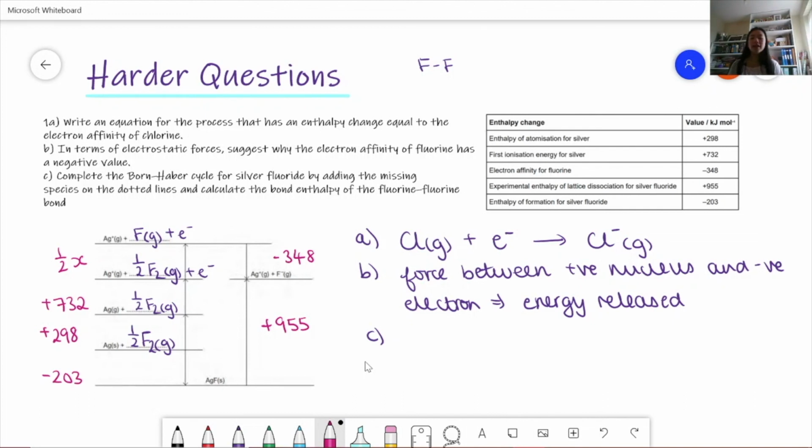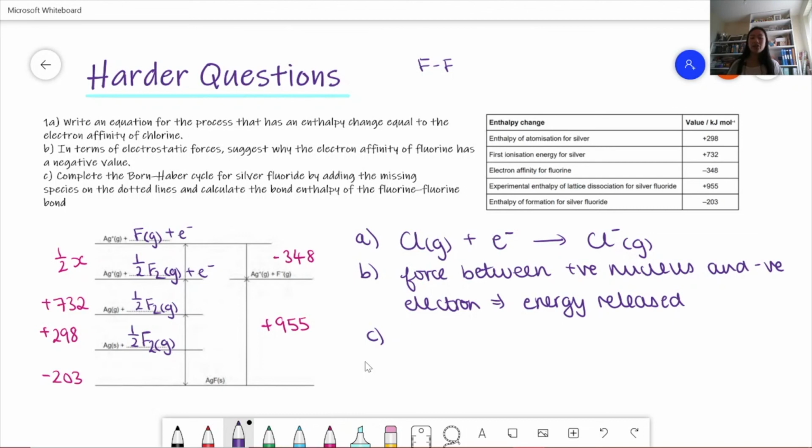And so now we can start to form the equation for trying to get the unknown bond enthalpy. And so we use Hess's law and we think, where should I start and where should I finish? So there are a few ways that you can do this.